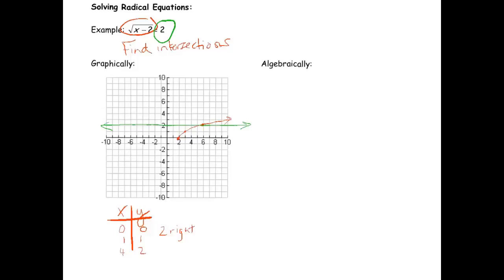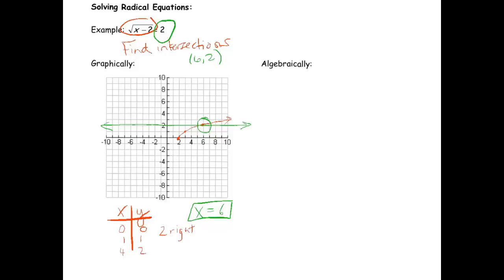So remember, we're looking for the intersections, and I see one intersection right here at the point 6, 2. But when we're solving the equation, we're really just solving for the x value. So we get x equals 6. So graphically actually wasn't that bad, but I do want to show you the algebraic way as well.